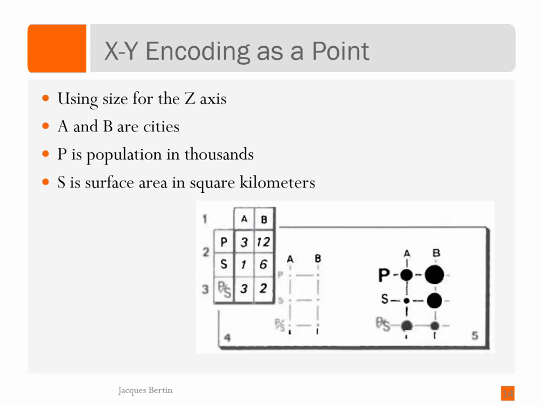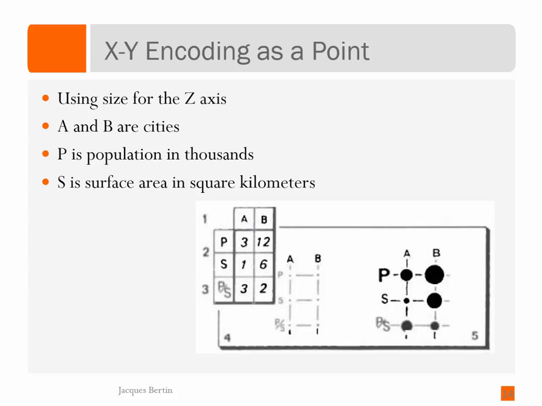So city A basically has a surface area of 1,000 square kilometers. And then if we look at city B, we have 6,000 square kilometers.